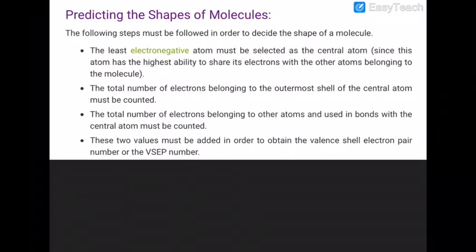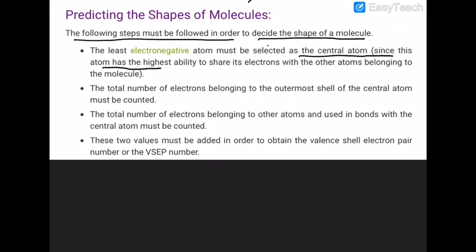Now, predicting the shape of the molecule. The following steps must be followed in order to decide the shape of the molecule. The least electronegative atom must be selected as the central atom, since this atom has the highest ability to share its electrons with the other atoms belonging to the molecule.